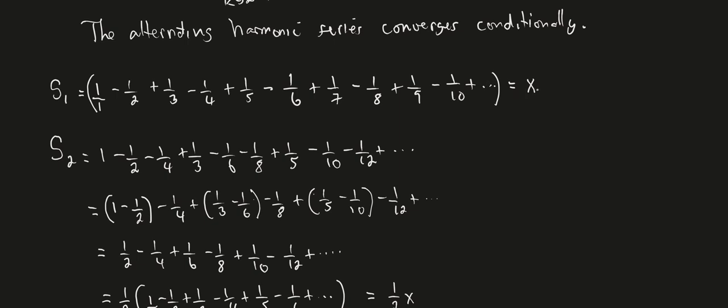If you wanted to make it converge to 0, boom, you can do that too. Whatever your favorite number is, e, or the square root of 2, or 1, or negative 70.8, you could do that. But you can only do it if the series converges conditionally.